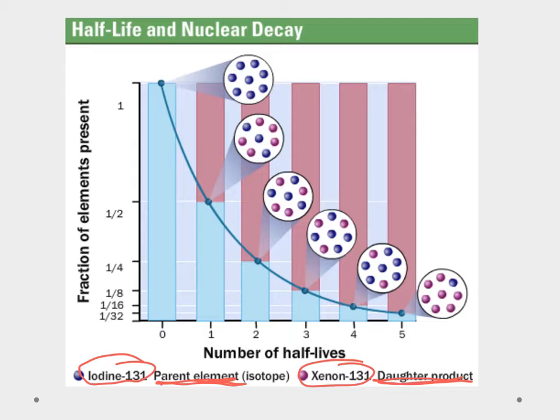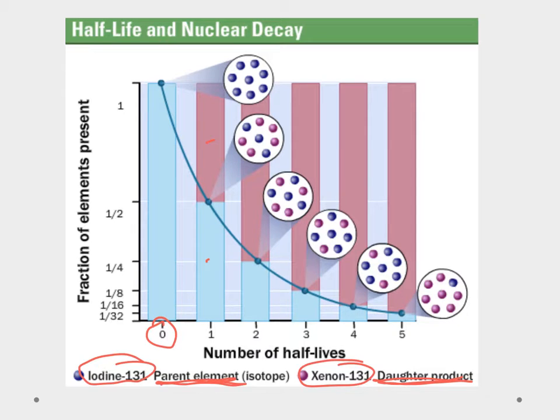One of the interesting things is this nuclear decay happens over certain rates, and it goes by half-lives. And a half-life is where half the original sample is going to decay down to the daughter product. So if we look here, we start off with all parent sample. After one half-life, we're at half parent and half daughter.